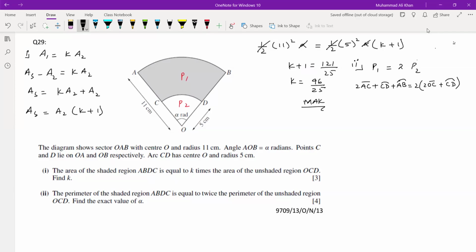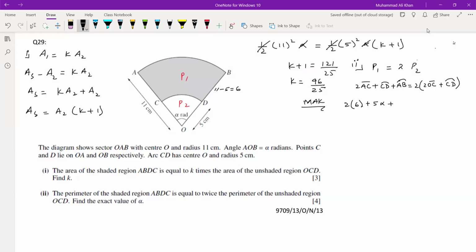Now what is AC? Like 11 minus 5, which is equal to 6, plus what is CD? This is r theta, so 5 alpha.